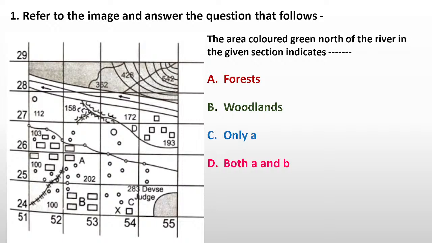So the area to the north of the river, now you can find out where the river is and then accordingly you can answer this question. The one to the north of the river in the given section indicates dash.